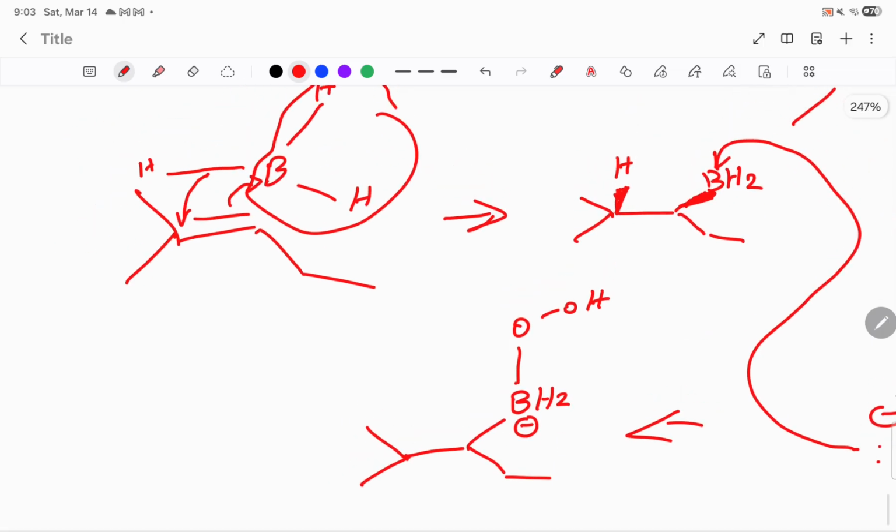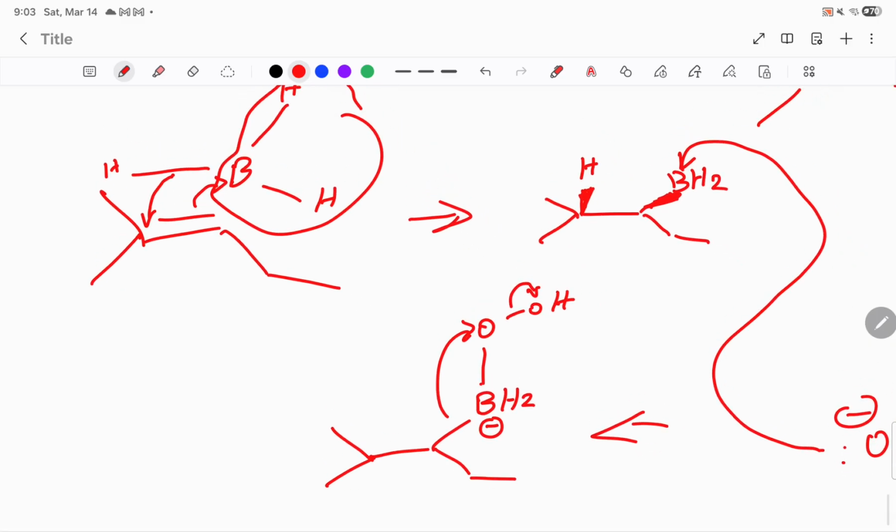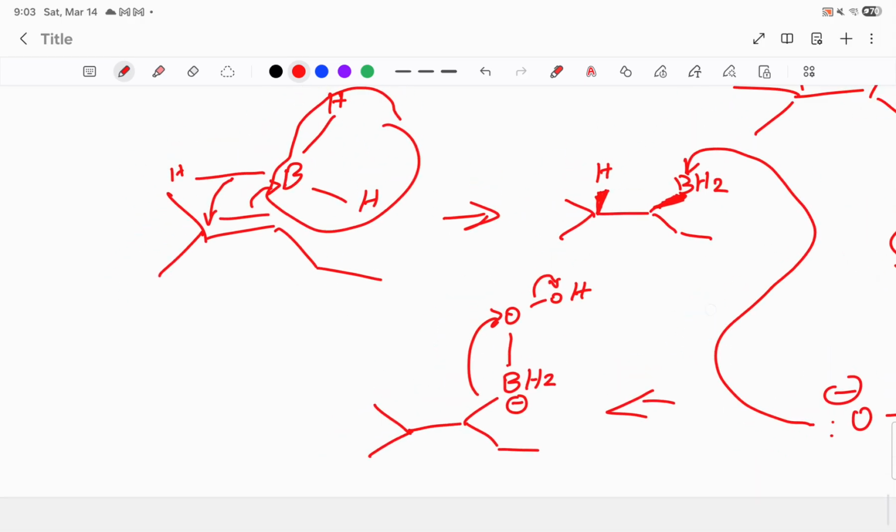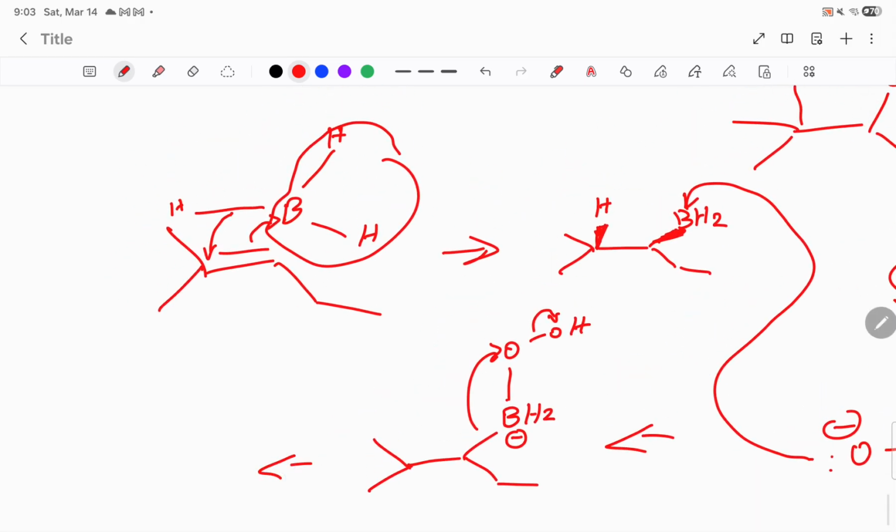Now what's going to happen is that this will leave. This will transfer here. And next, again, don't forget your stereochemistry. I'm not showing it, but you know it's there.